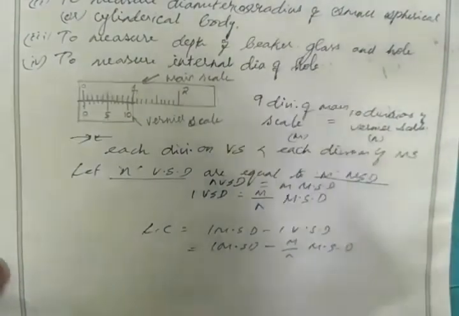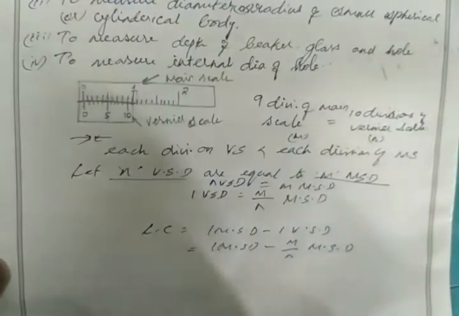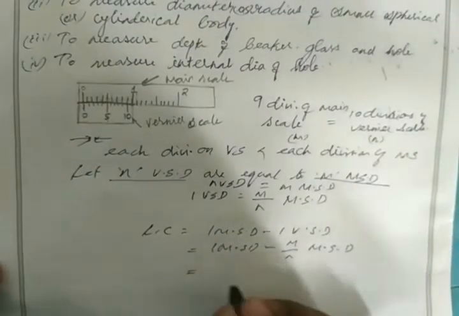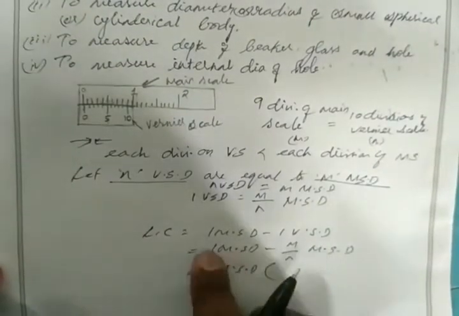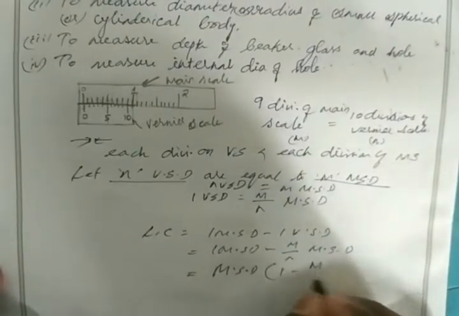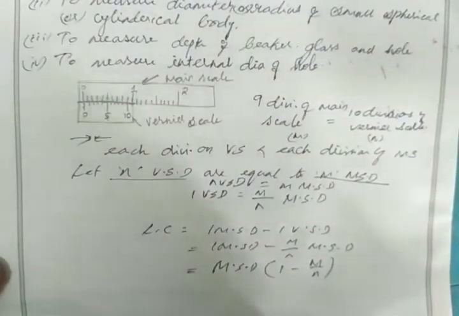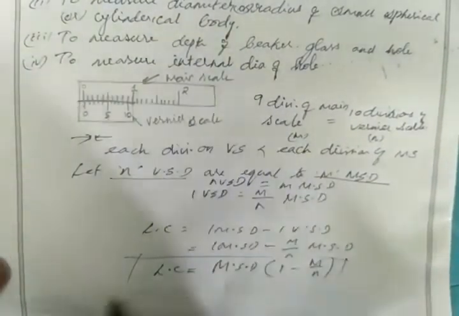Taking MSD as common, we have MSD times 1 minus M by N. So this is the formula to calculate the least count value.